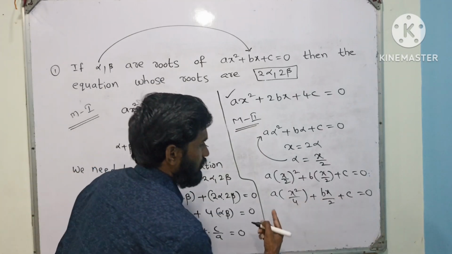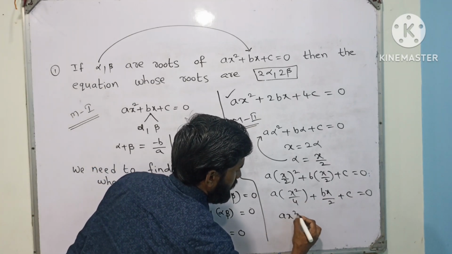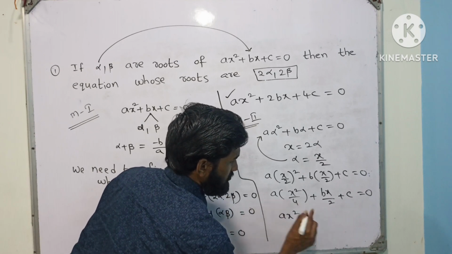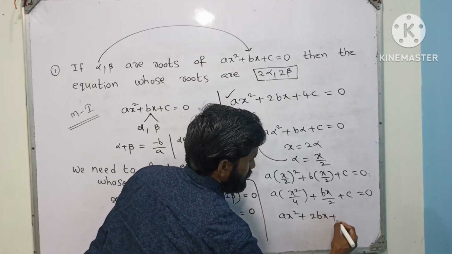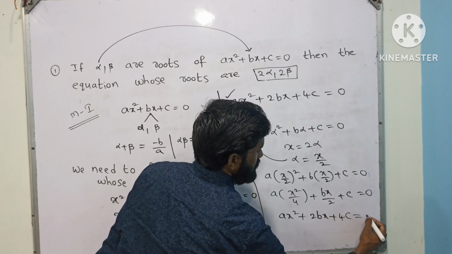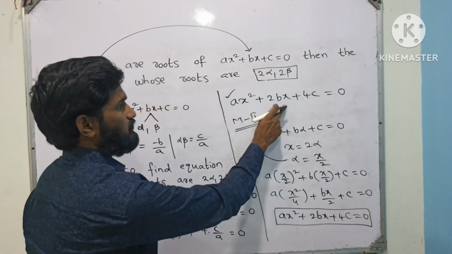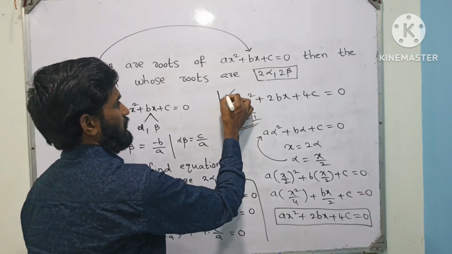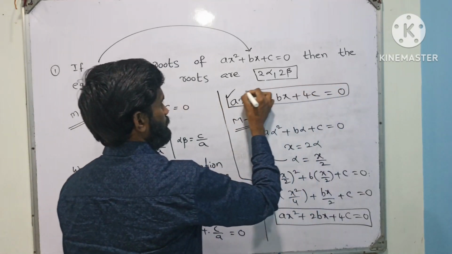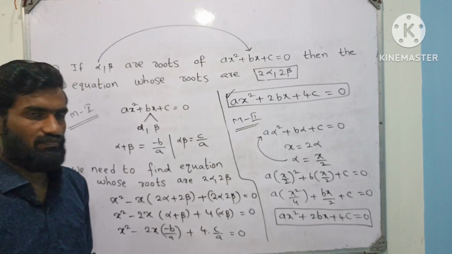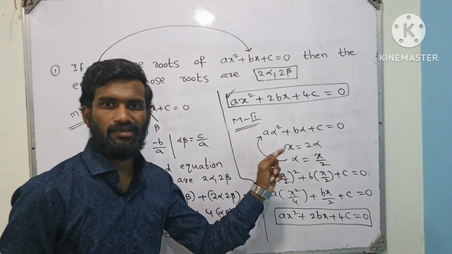Now if you take LCM, what you will get? Ax square plus 2bx plus 4c, where 4 is our LCM, which is equals to 0. This is the required answer. If you observe, this one and this one both are same. You can solve by either method 1 or method 2.